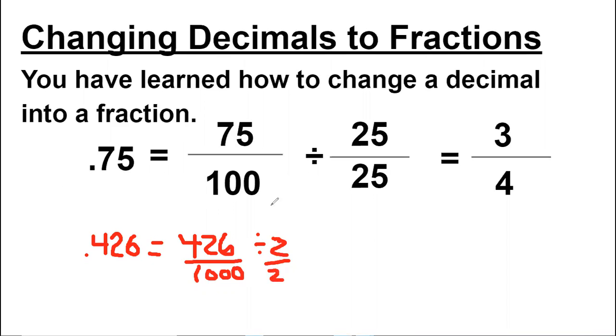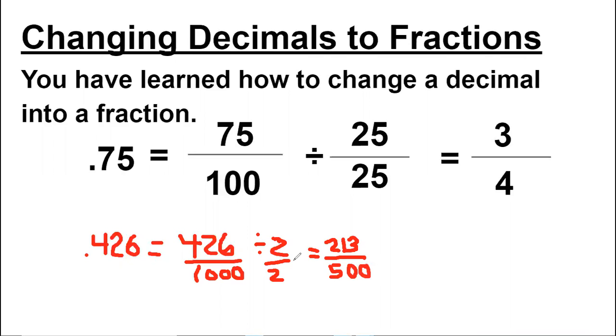So 426 divided by 2 is going to be 213. And 1,000 divided by 2, I bet you know that. Exactly, 500. 500 plus 500 equals 1,000.